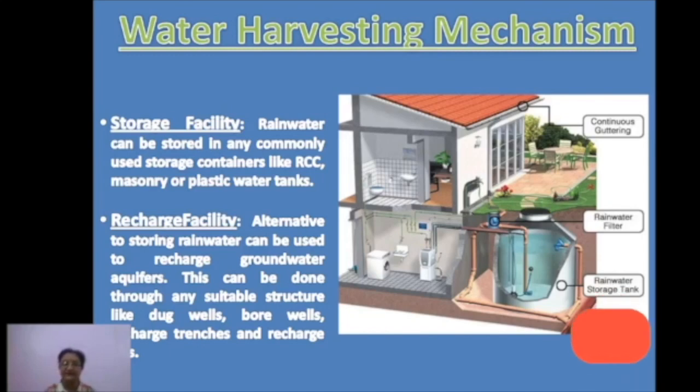These are several methods by which the rainwater coming on the surface seeps down deep inside, and ultimately helps in recharging the aquifer, the water table for the underground water. So this is called the water harvesting mechanism.